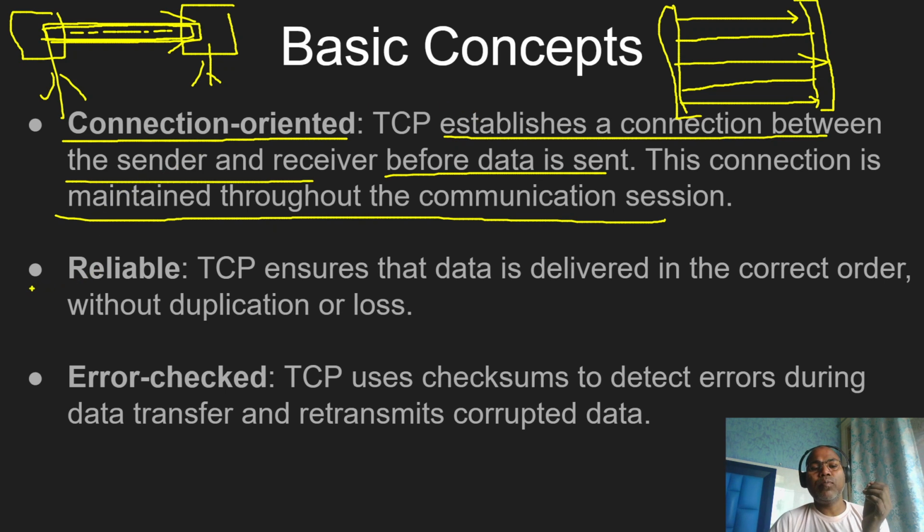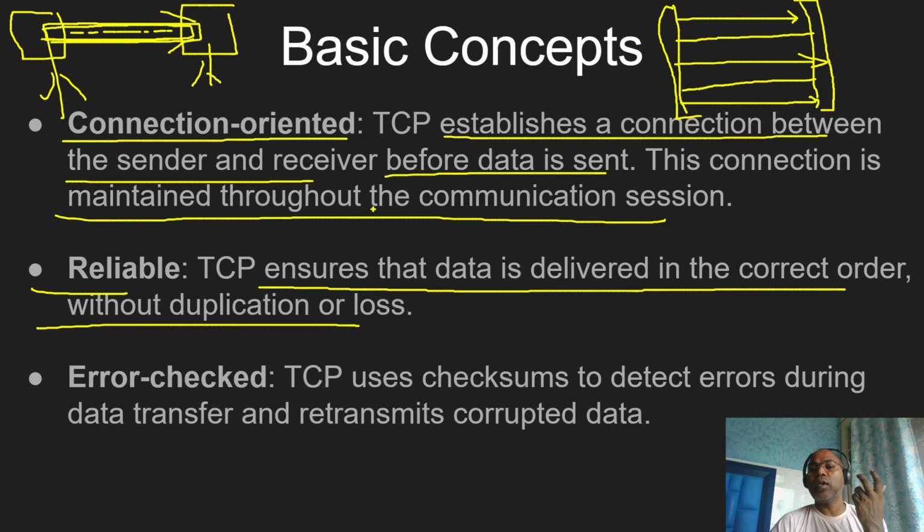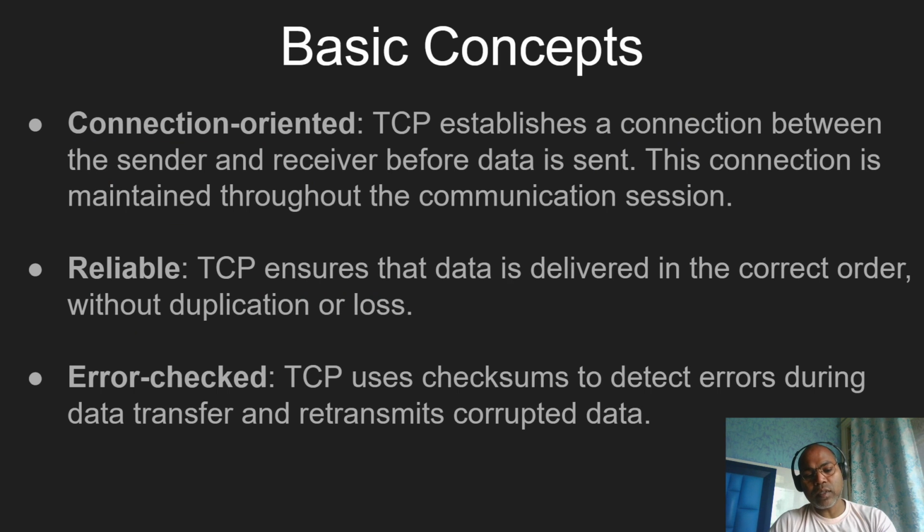And the second point is reliability. What do you mean by that? TCP ensures that data is delivered in the correct order, without duplication or loss. That means whenever a sender wants to send a big file, not just a hello or hi message, maybe some big file, or some audio or video, or a text document.